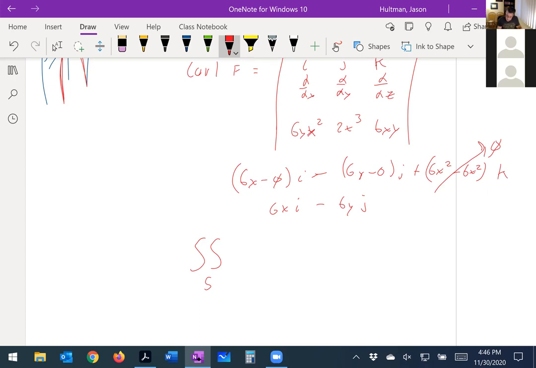So we want to find C. C is the intersection of these two surfaces.